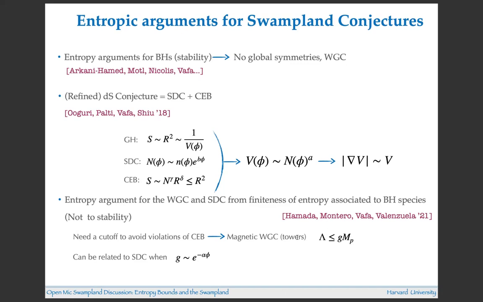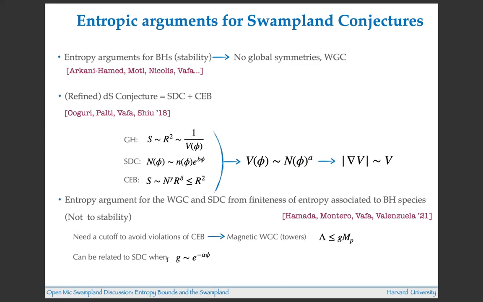That's the reason why it talks about the tower versions, and it can also be related to the swampland distance conjecture. My message is that this is an interesting avenue: to connect entropy bounds to IR physics, or to whatever kind of measurable physics we want, it might be useful to understand swampland conjectures in this context.